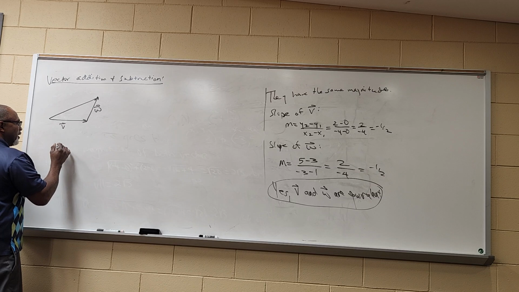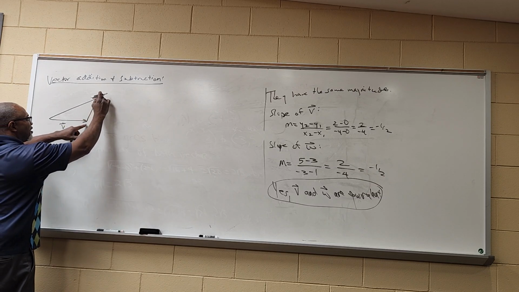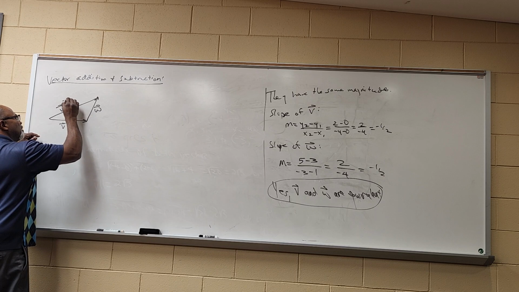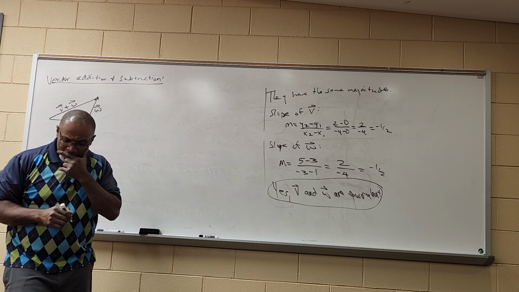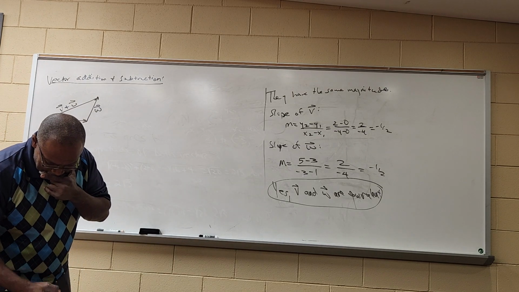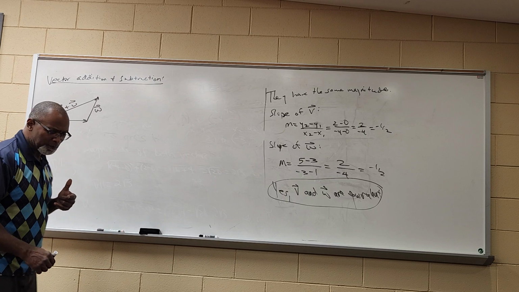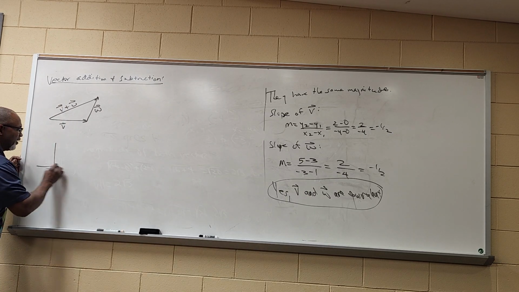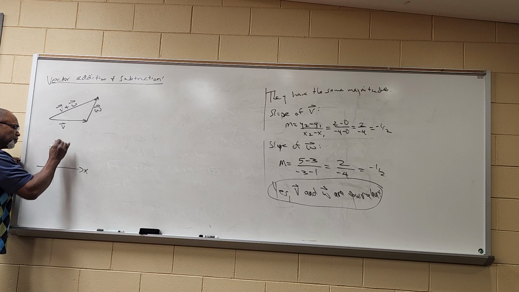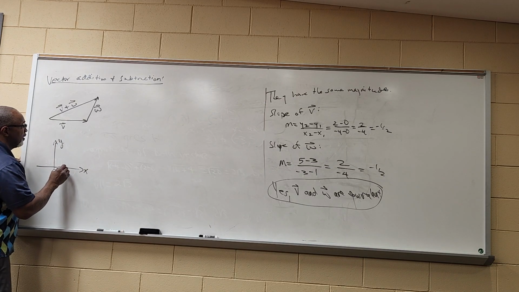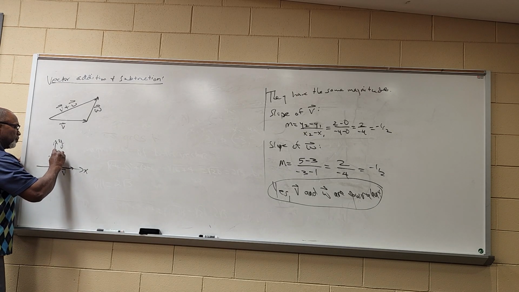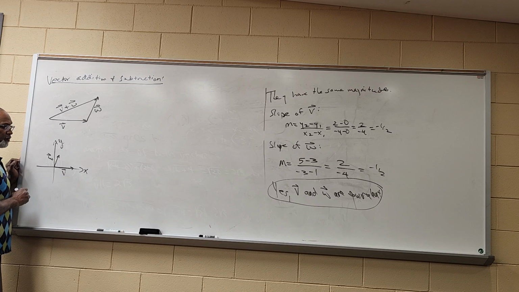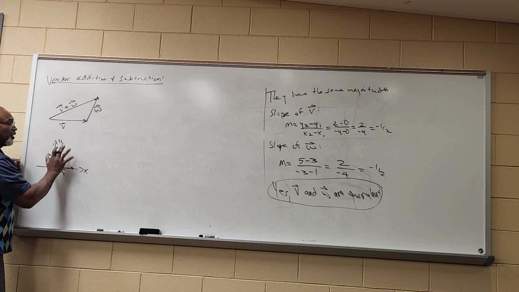If there's vector V, there's vector W, then this would be V plus W. Now, we're going to learn in a minute that we can think about these two things as if they lived in the XY plane. So vector V was here. Vector W was here.